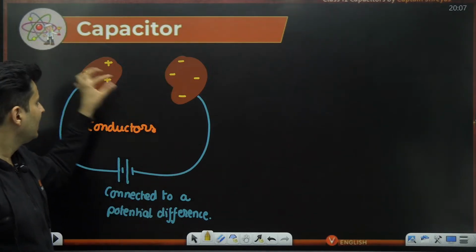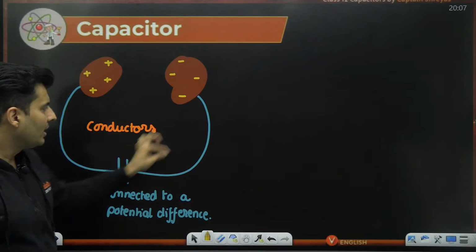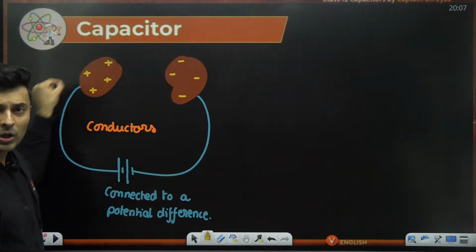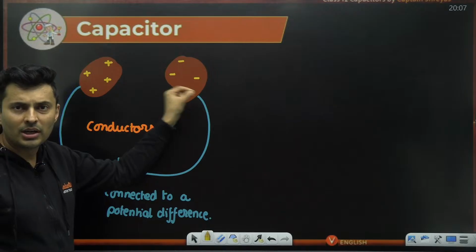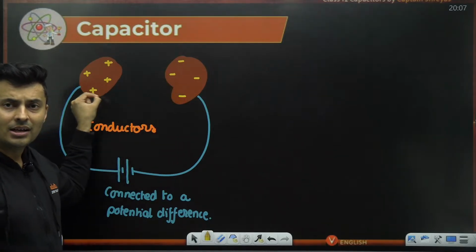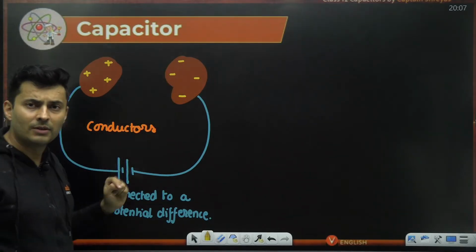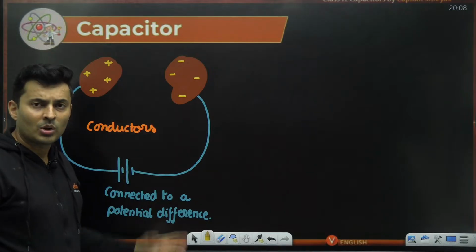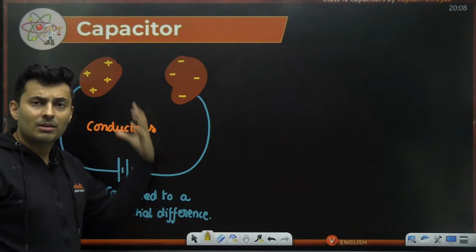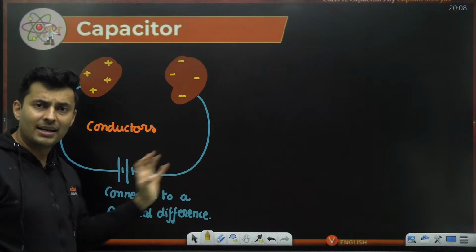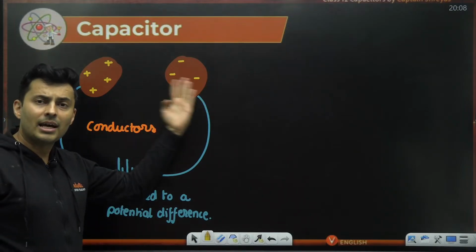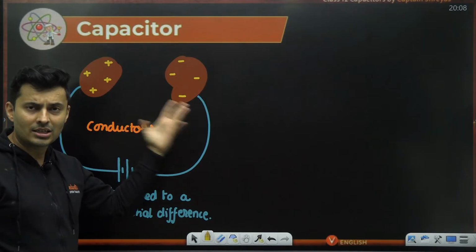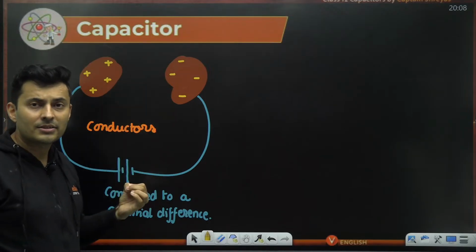It's like taking the electrons from here and putting them over here. If an electron moves from here to here, a negative charge comes here, and a deficiency, meaning a positive charge, appears on this side. So the applied voltage pulls the charges from one side and shifts them to the other side, thereby creating equal and opposite charges on those conductors.